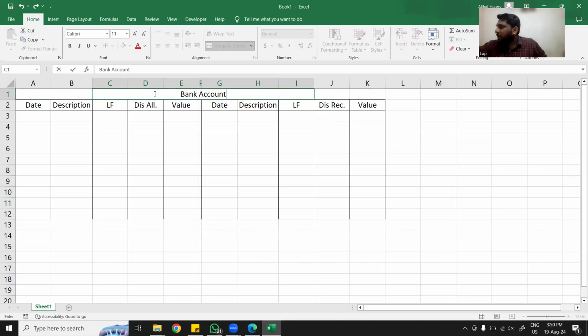Receipt number, voucher number, it depends actually. Based on the question, you can include it, but it is not a must. Not necessarily needed, because nearby the description itself, if there are any checks, you can write the check number and all.